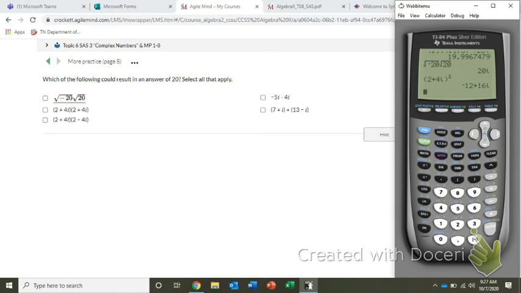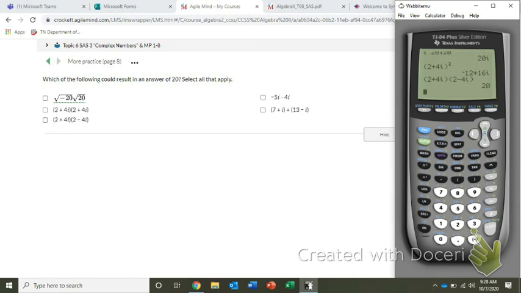That does not work. 2 plus 4i and 2 minus 4i. It does work. It gives me 20.